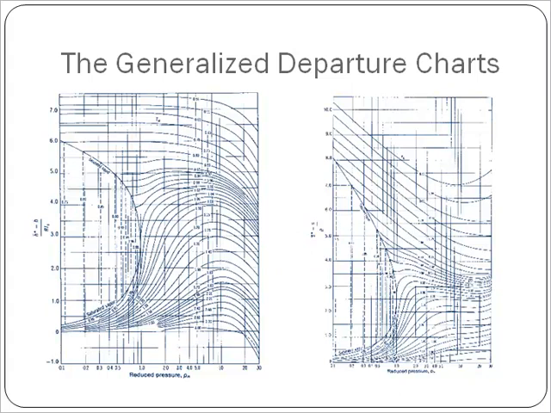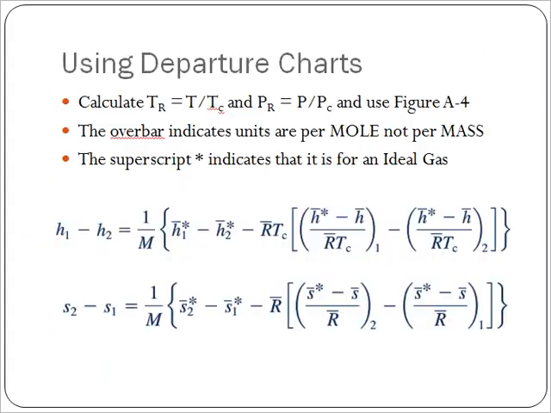So if I put this together, let me look at the equation for how this works. I'm going to calculate T_R, which is T over T_C, and I'll calculate P_R, P over P_C. And then I'll go to Figure A4 in the book. Now these are done on a mole basis because substances are more alike on a mole basis than a mass basis. Every time you see a star, it indicates an ideal gas calculation.